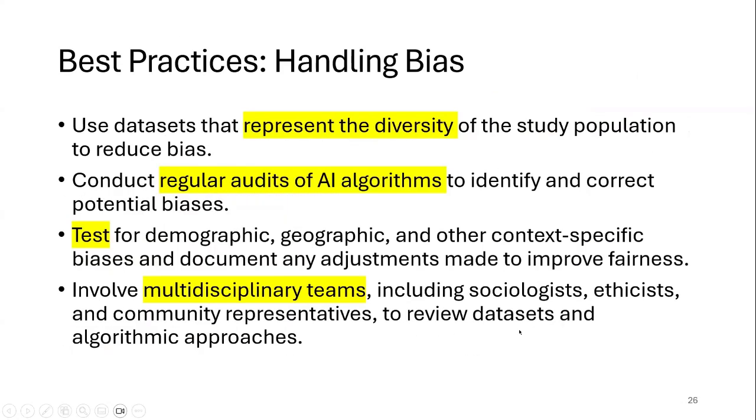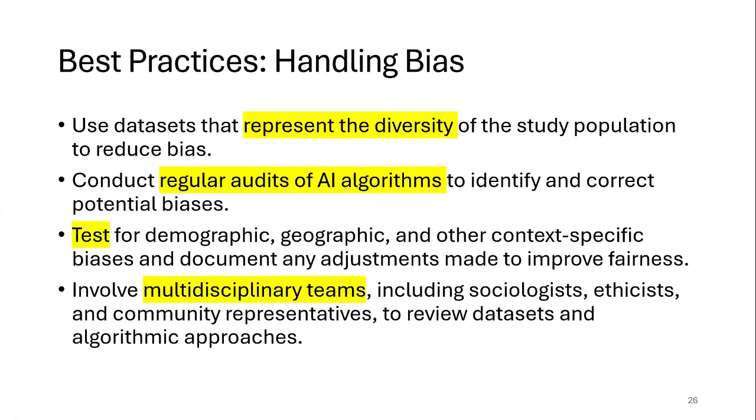Okay, so best practices. We have to handle bias. For that, one thing we can do is to have a diverse set of data from our study populations, because that will reduce bias. We already know that this is discussed in research ethics.